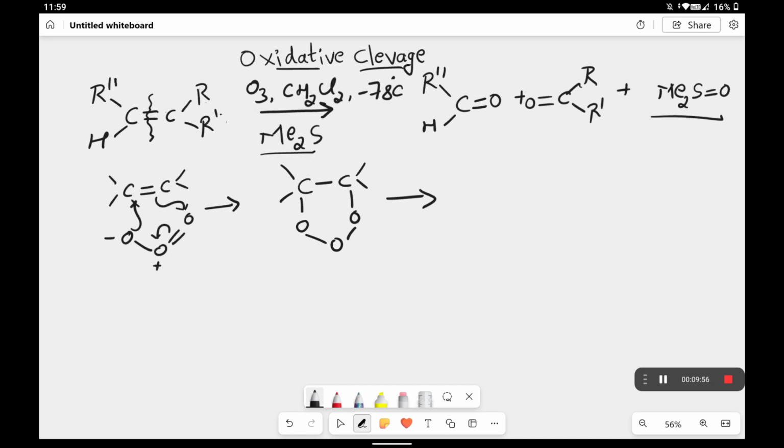Then how does this mechanism proceed? It proceeds like this. The nucleophilic, electron-rich alkene comes and attaches to the ozone.